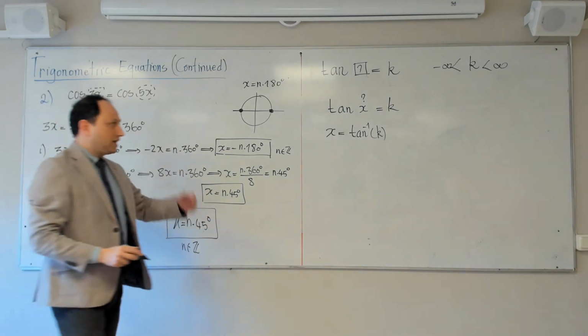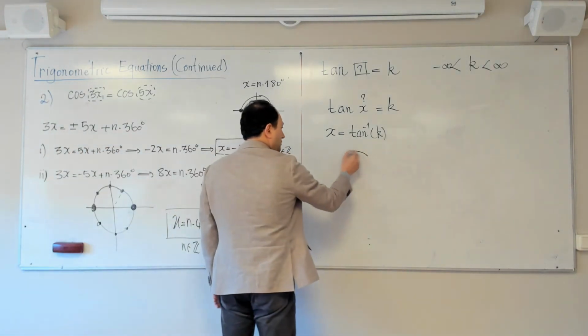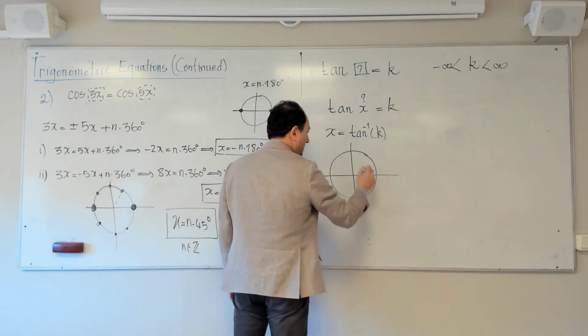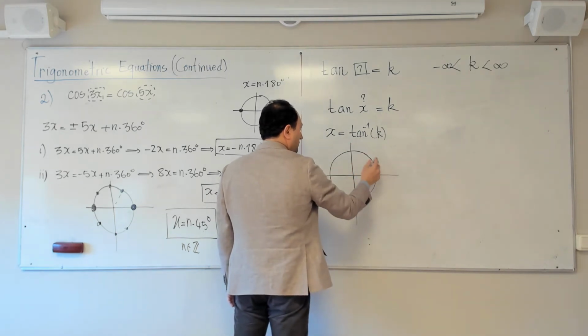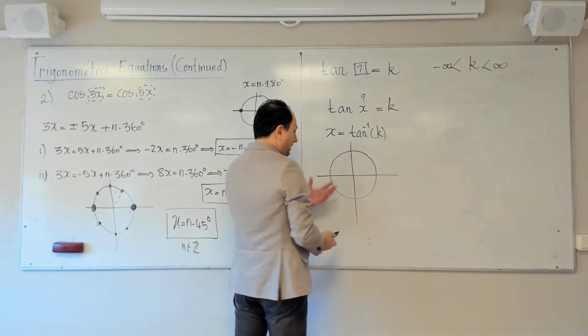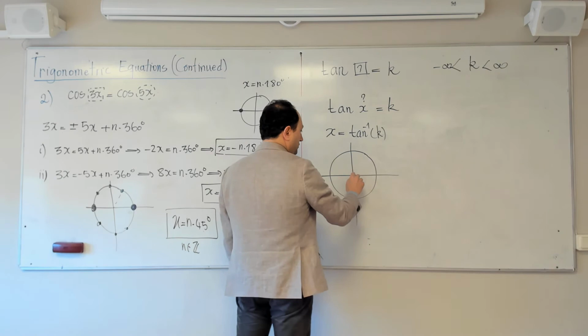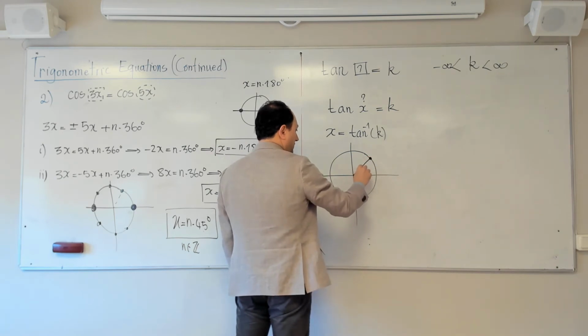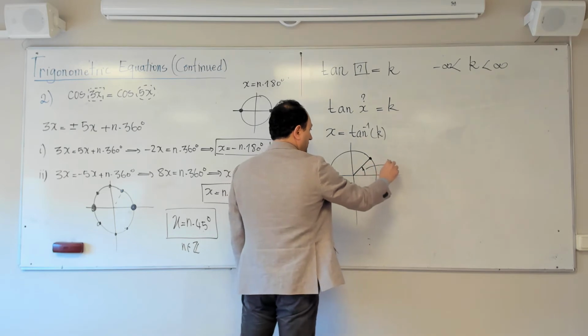Yes. So for example, this is your unit circle. I want you to understand something. So you, for example, have your calculator, you calculate this angle and you see it, and then you, for example, use your protractor to measure it. So this is your angle, tangent inverse of minus k.